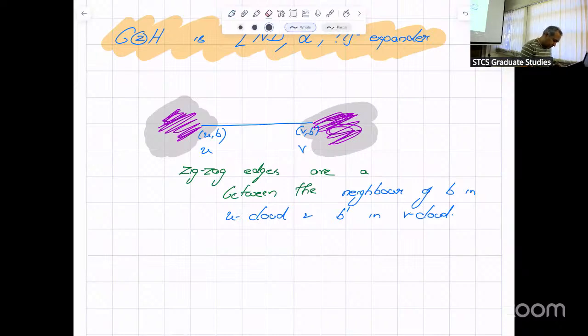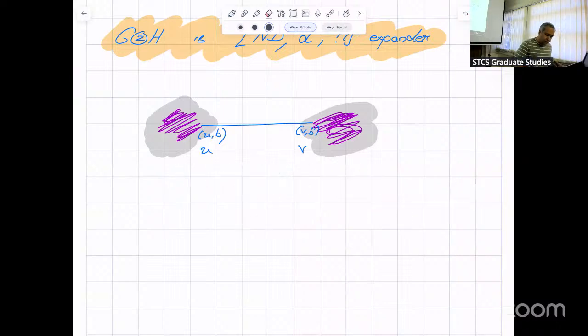Yeah, that was wrong over here. The green edges take all the neighbors of U comma B and all the neighbors of V comma B prime and put the complete bipartite graph between these two. Sorry, that should have been what I said.